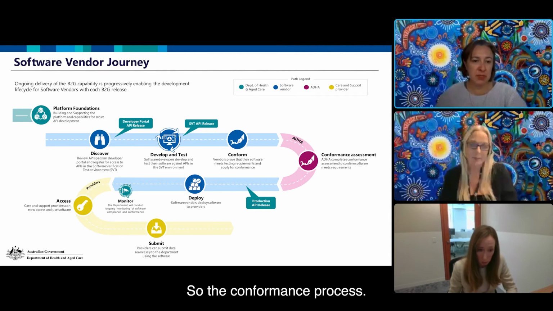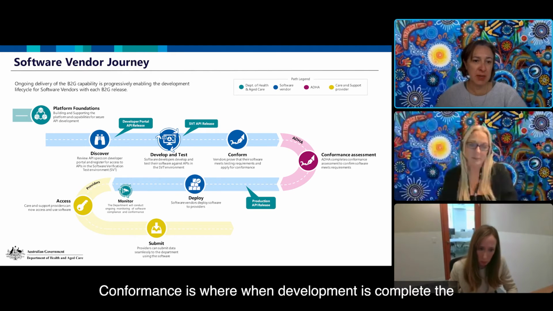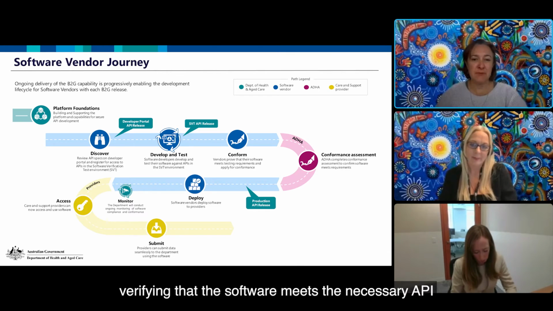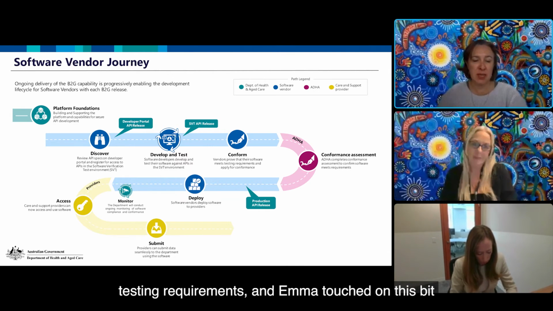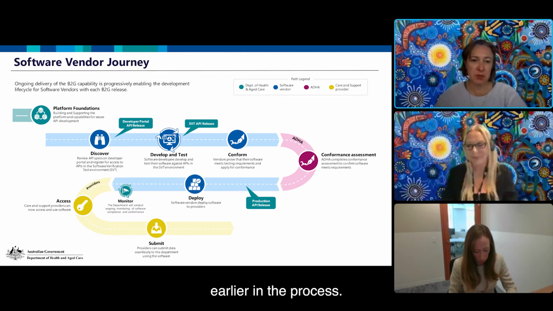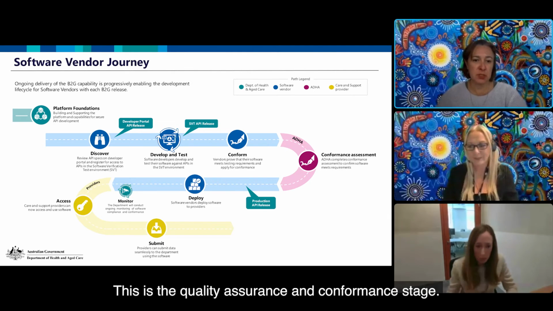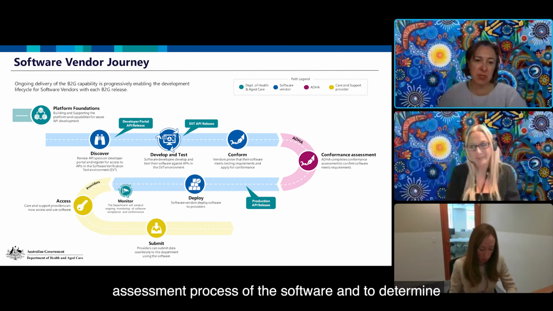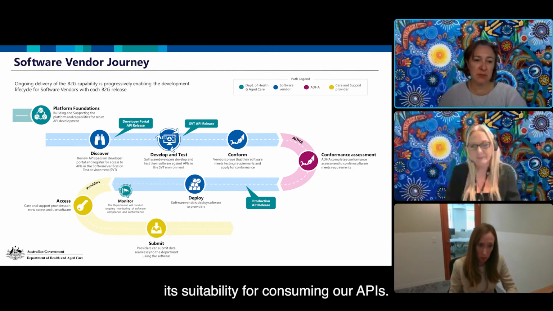Then comes the conformance process. When development is complete, the next step is for them to begin verifying that the software meets the necessary API testing requirements. Emma touched on this earlier in the process. This is the quality assurance and conformance stage. We've partnered with ADHA to complete the conformance assessment process of the software and to determine its suitability for consuming our APIs.